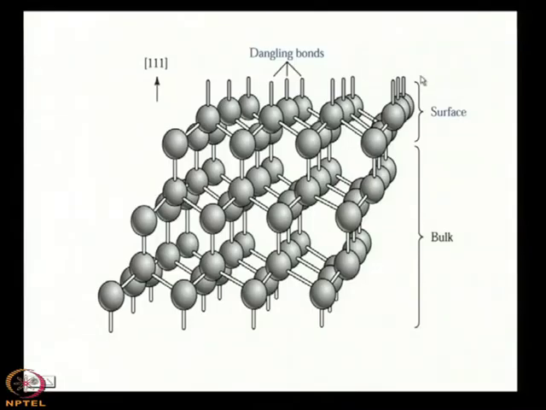So, if this material is gallium arsenide, gallium oxide will not be formed very easily. There will be some oxide layer obviously, but not exclusively gallium oxide like silicon SiO2. Okay. So, that is a disadvantage for gallium arsenide or compound semiconductors.